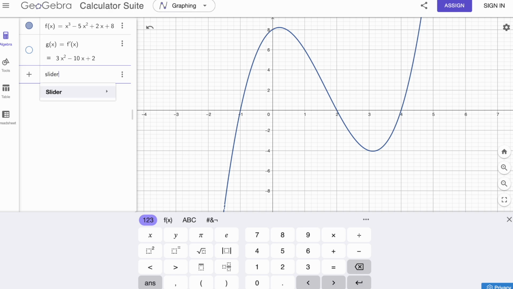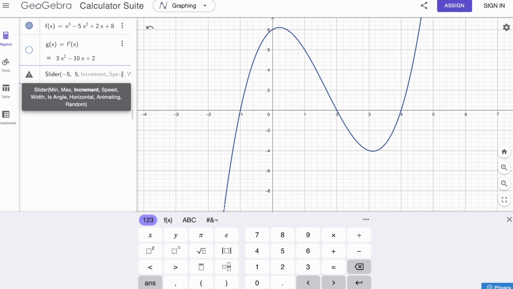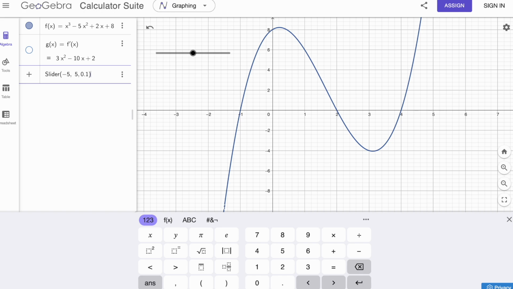Why not add a slider to show us the x values? So from -5 to 5 with a step of 0.1. Great. There's our slider. And next we need to add the point.